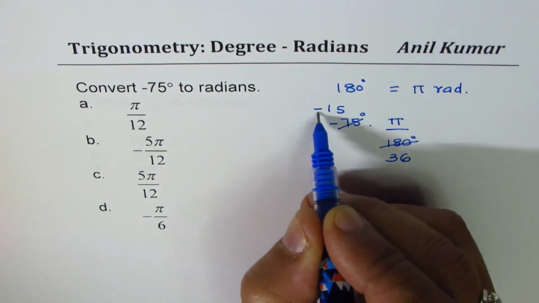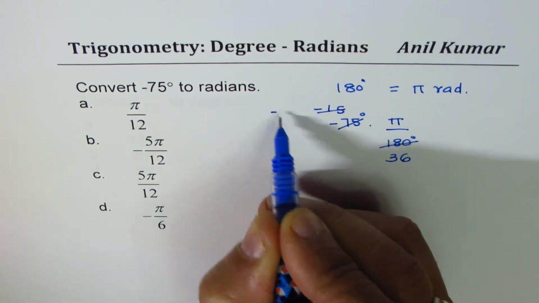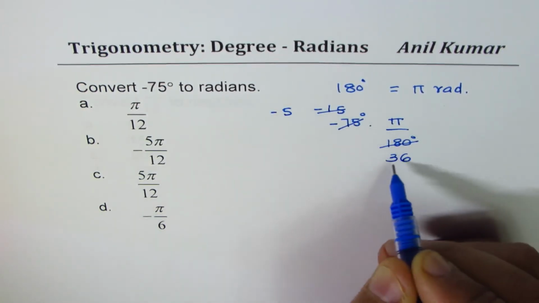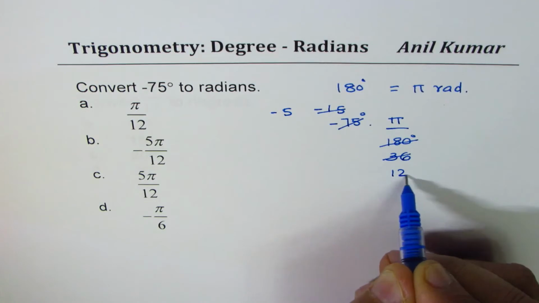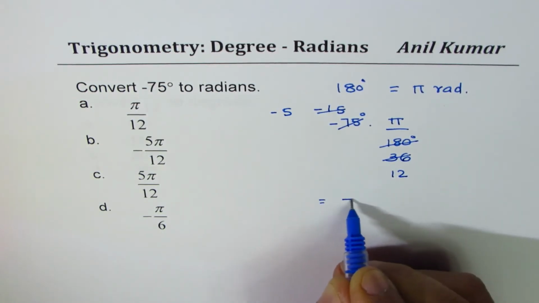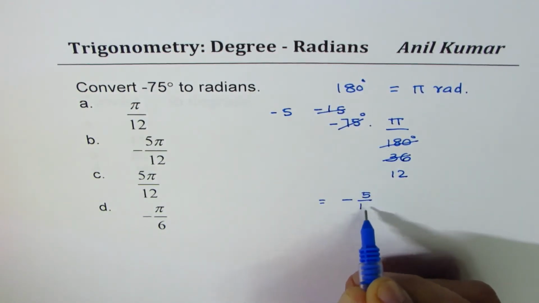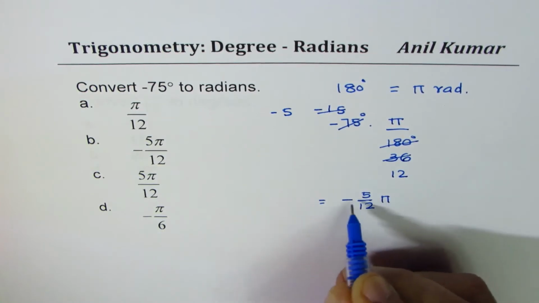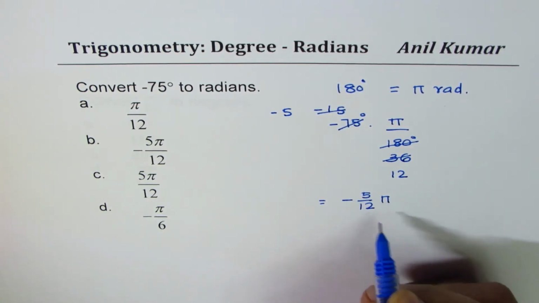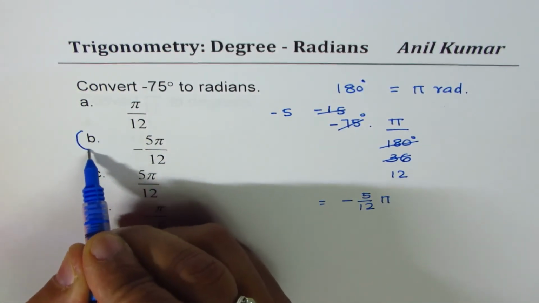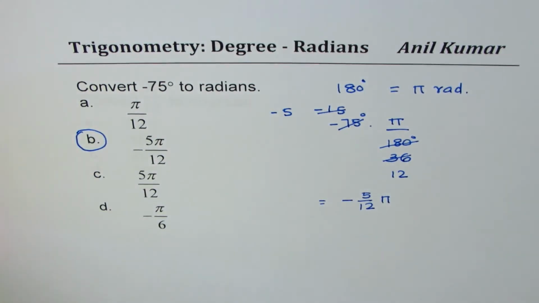When you divide them by 3, you get minus 5 and here you get 12. So what you get is minus 5 over 12 pi, or minus 5 pi by 12. Minus 5 pi by 12 is option B. Perfect. I hope you learned how to convert from degrees to radians.